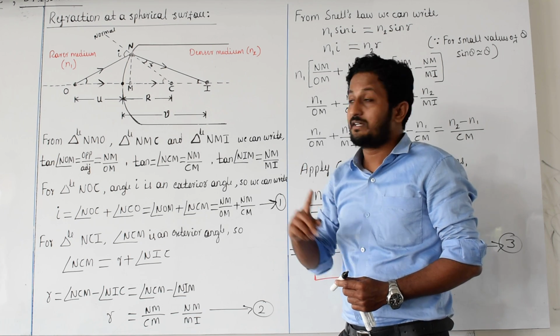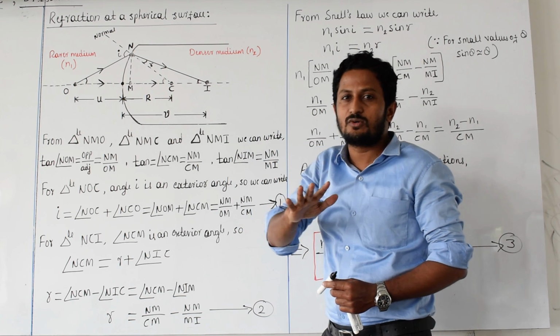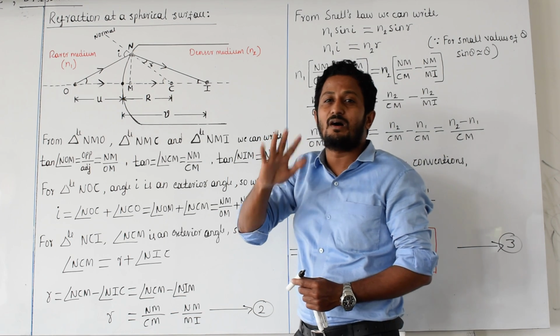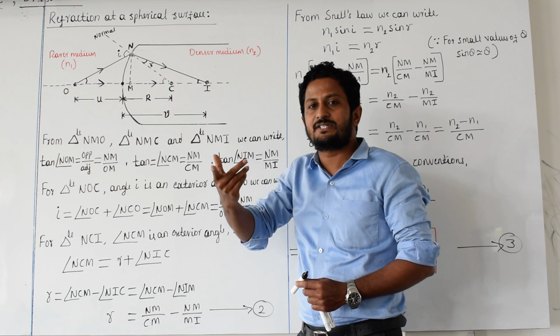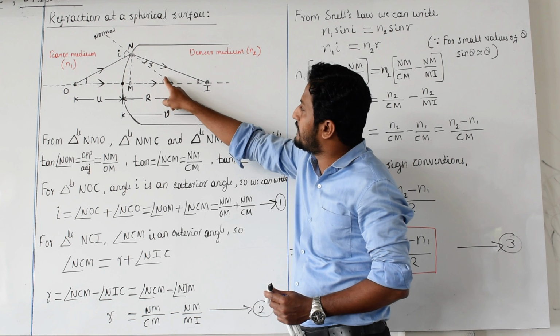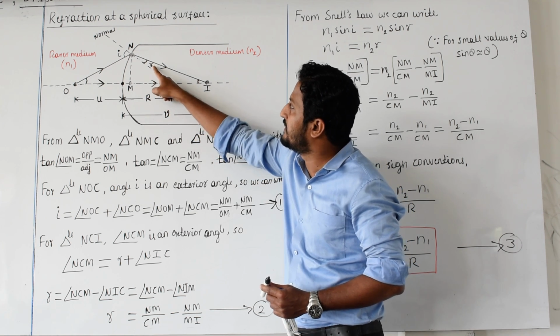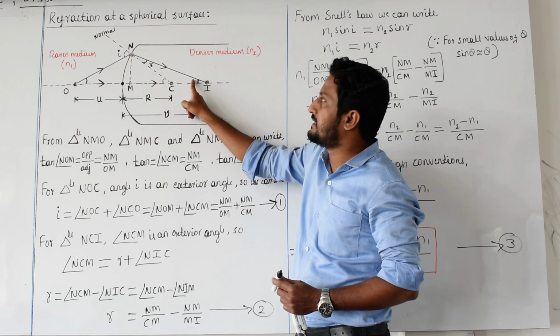We can write that the exterior angle is equal to the sum of opposite interior angles. Opposite to this angle, this NCM is equal to the sum of this angle and this angle.